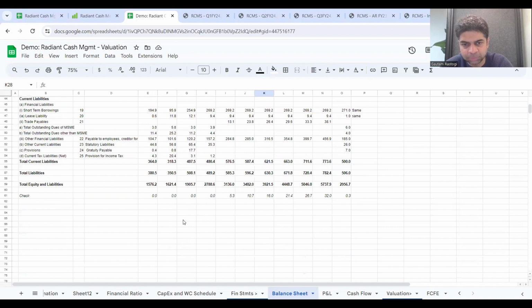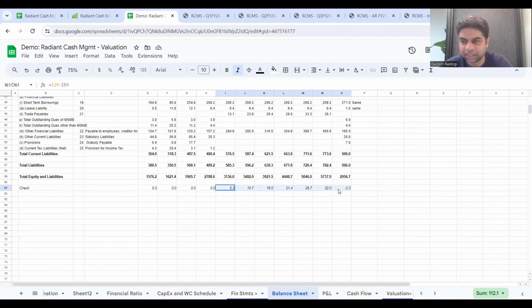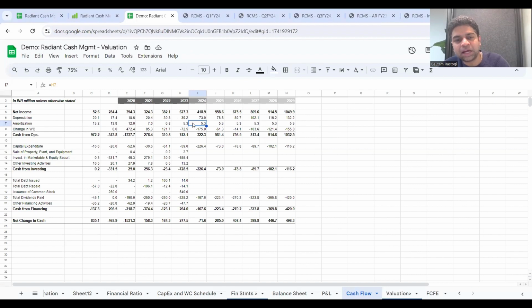Now let's check if the balance sheet is balanced. All right, so we see it's not getting balanced, and I had this intuition why it wouldn't balance. If you go to the cash flow statement, हमने यहाँ we assumed amortization same as last year without really modeling the intangibles. So if we strip this out, the balance sheet will balance.